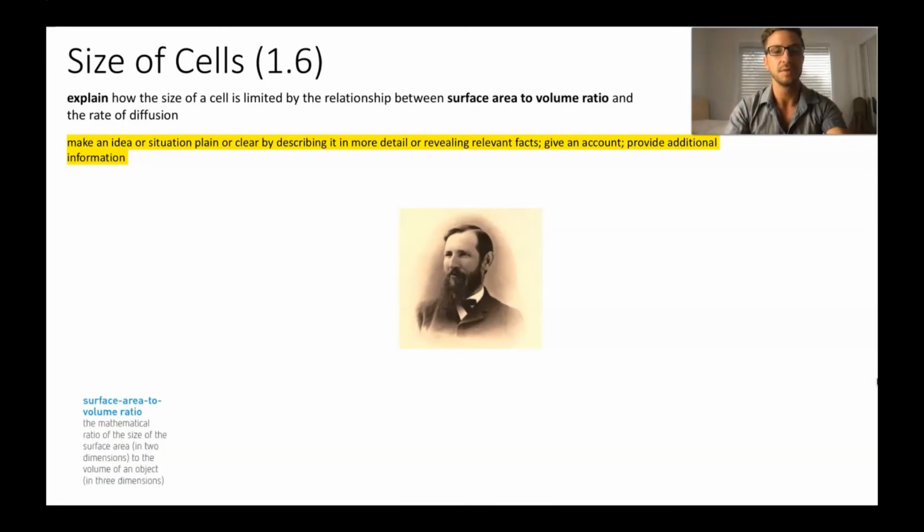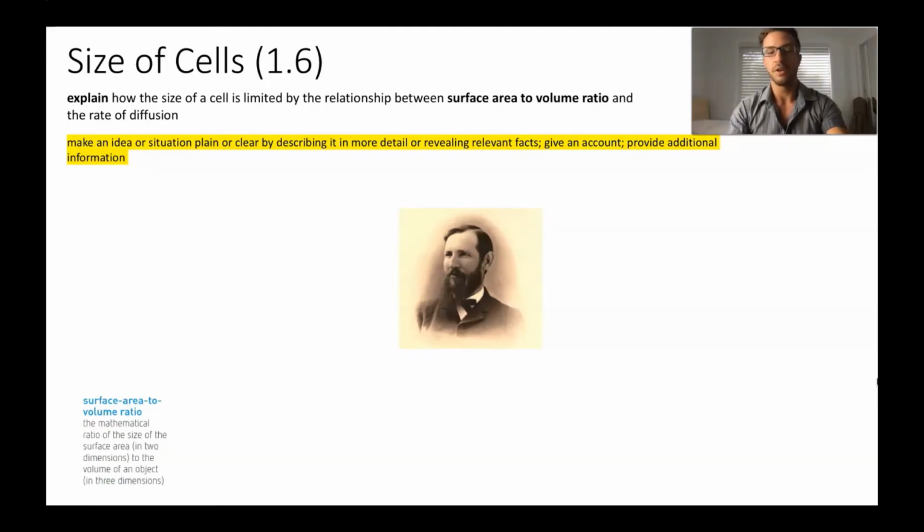And Allen's rule applies to all endotherms or warm-blooded animals, and it says basically the further you live from the equator, the more you will look like a sphere.